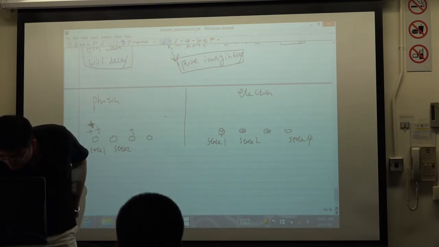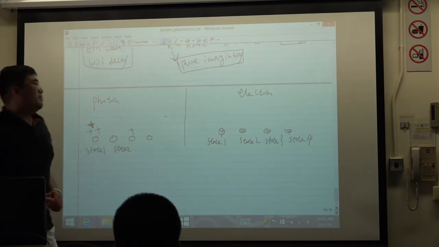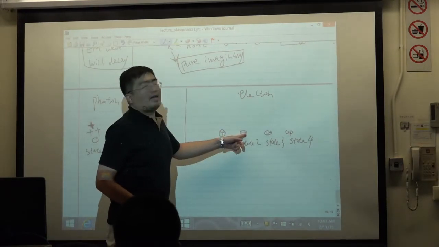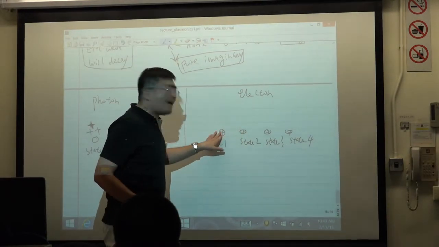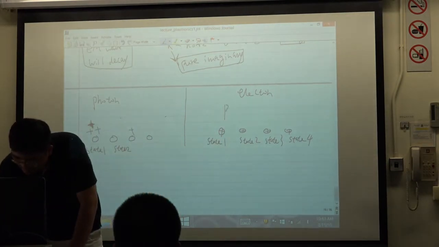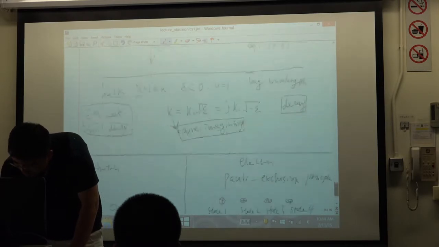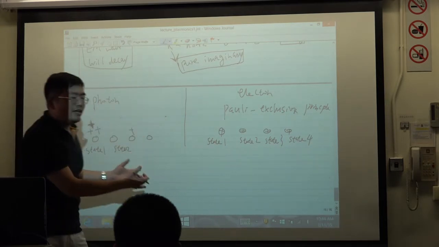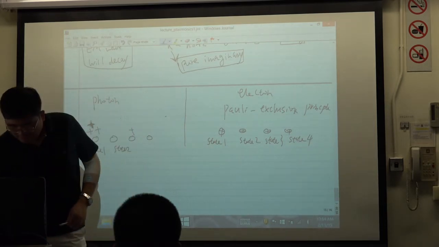Another, state 3, state 4. This is the Pauli exclusion principle. When an electron occupies a state, another electron must occupy another state. They cannot occupy the same state. It's a very fundamental thing. Photons can do that, many photons can occupy the same state. This is a fundamental difference.